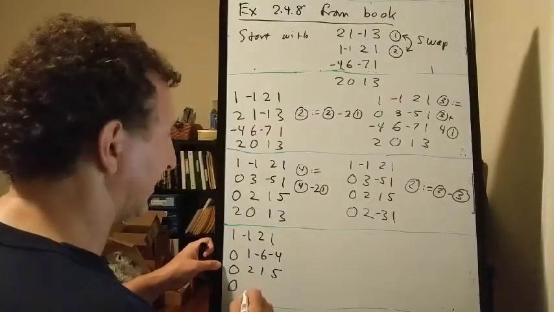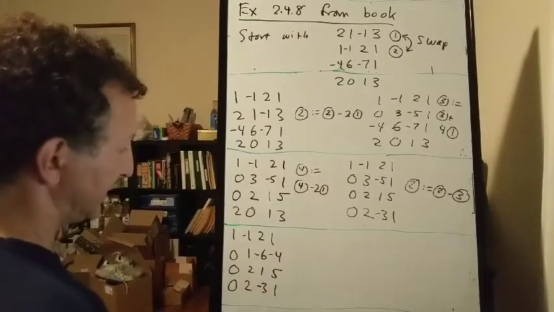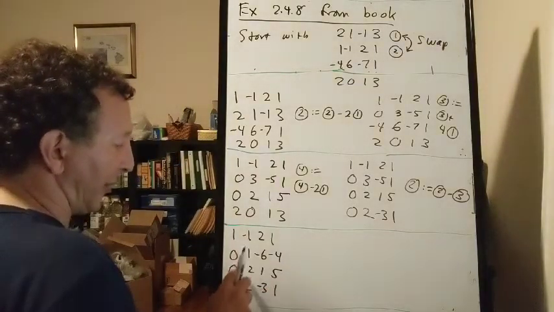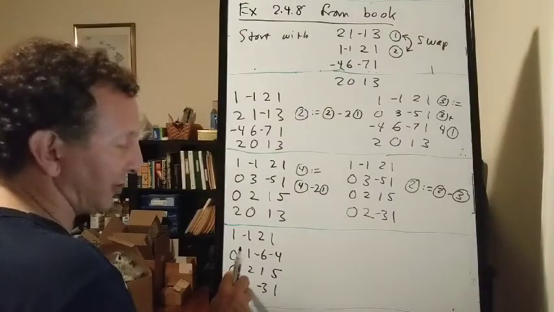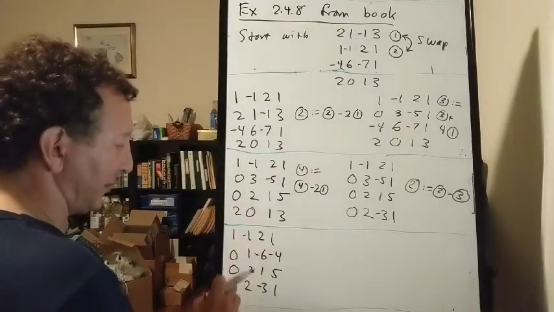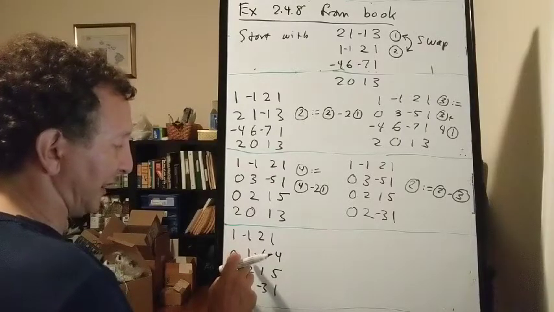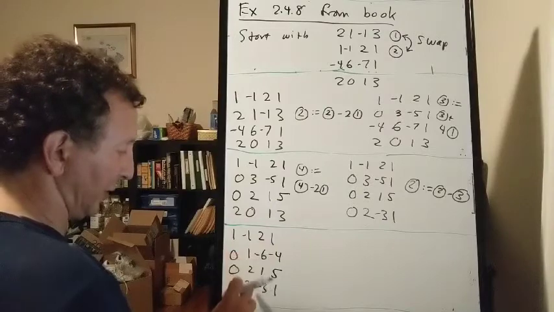And row 4 down exactly as it was, 0, 2, negative 3, 1. Alright, now I want the third and fourth rows to start with 1s, but someplace to the right of this one. So I want to get zeros everywhere in the column below this one.